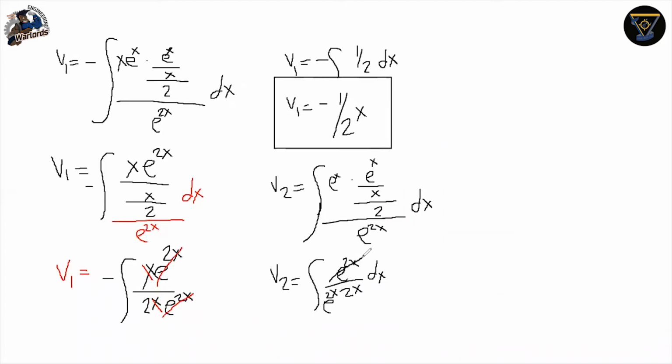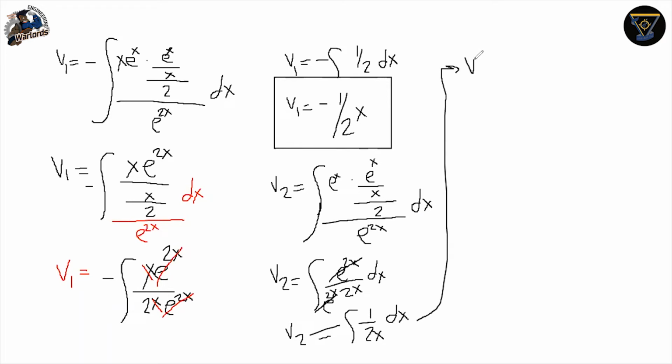So this will cancel and this cancel. So you're saying that v2 is equals to the integral of 1 over 2x with respect to dx. So we're just going to come up here. So v2 now is going to be equals to, we're going to take out the half, right?